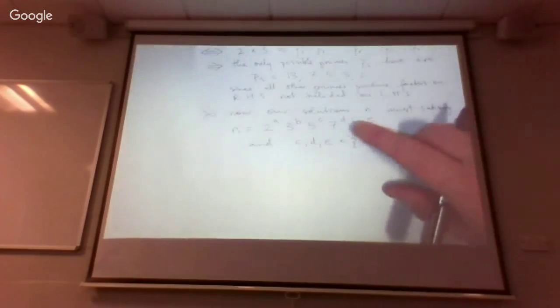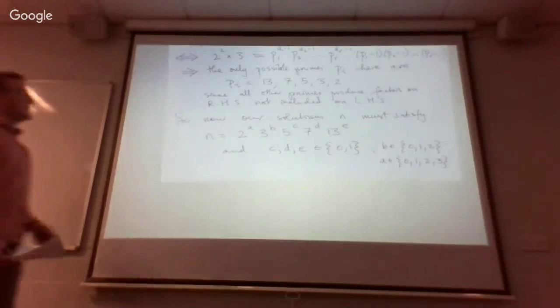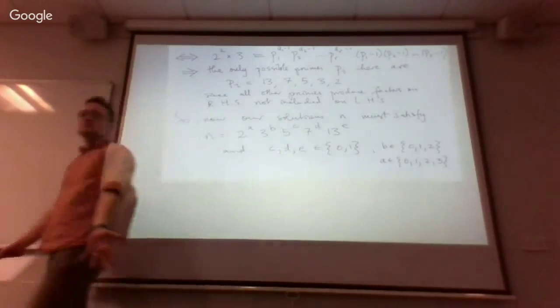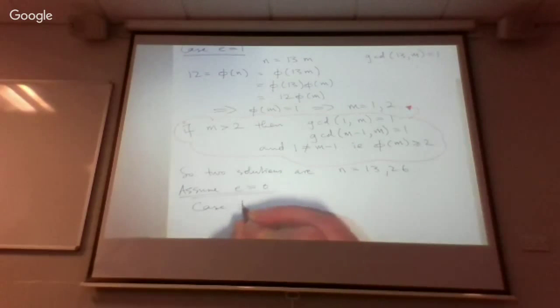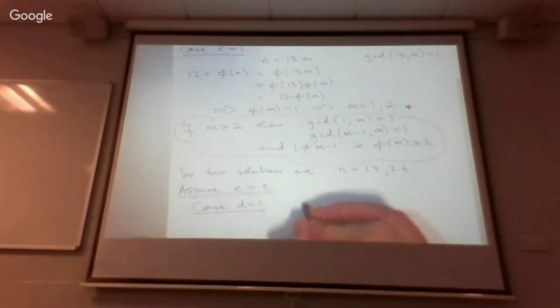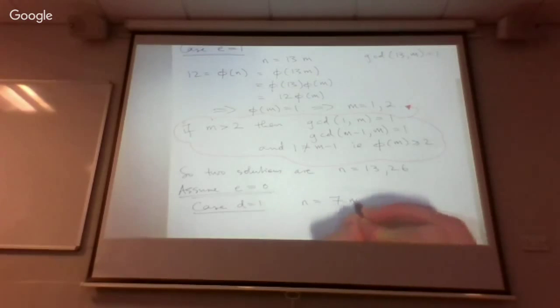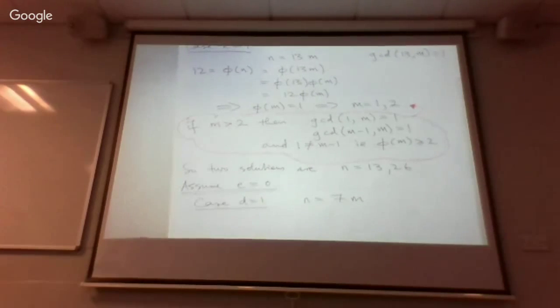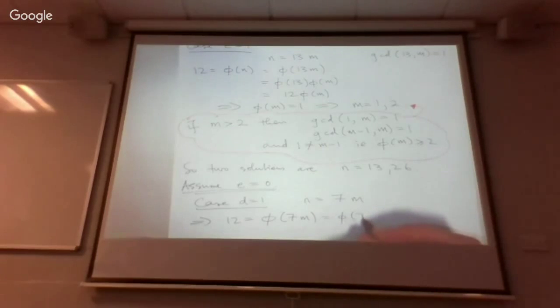Now we consider the d. D can only be 0 or 1, so let's look at the case when d is equal to 1, and see what that throws up. In that case, n is equal to 7 times something m, which implies that 12 has to be phi of 7 times m, and that's phi of 7 times phi of m.